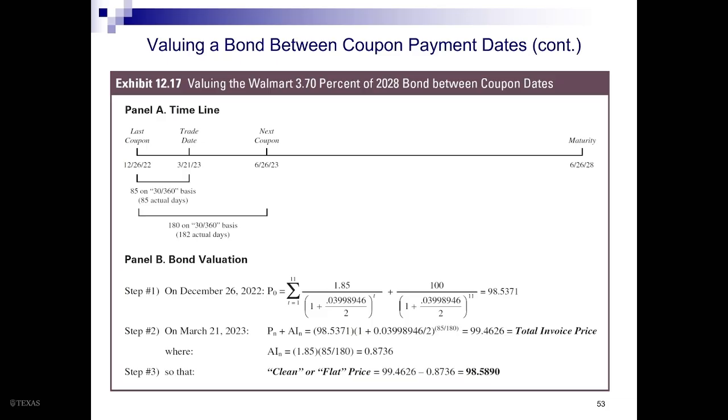The last time it paid a coupon was on December 26th of 2022. Here we are today. And the next time it's going to pay a coupon is in June.